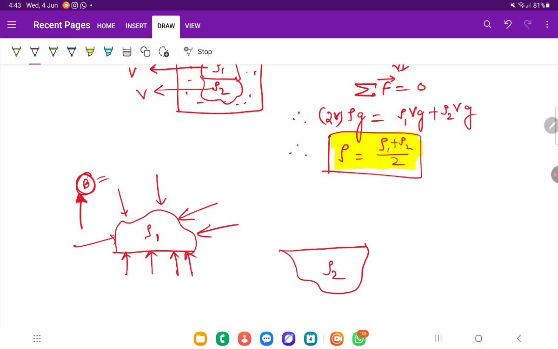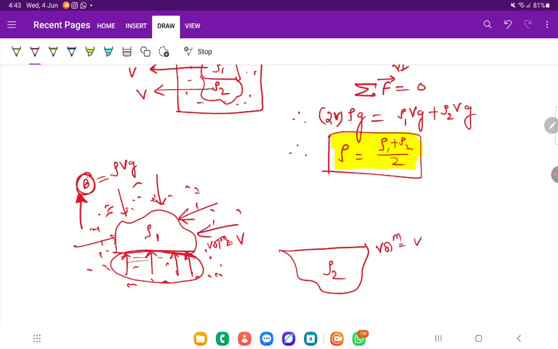So we have found out that buoyancy is the weight of the displaced fluid. So in this case the volume is V. Here also the volume is V I'm writing, and this volume is also V, as the dense liquid of density rho is all around this body. So we think that there should be a buoyancy force having the value rho Vg, but it's not. Why not? Because in this lower portion there is no water, so there is such an amount of force that would have acted if there was some water.